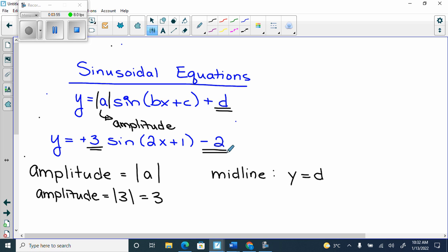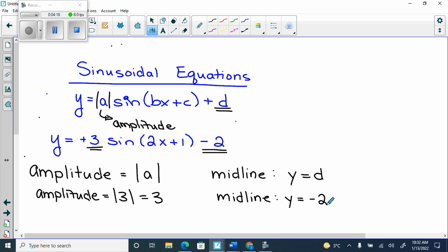So the midline for this equation is y equals negative 2. Now when you look on your calculator, does it look like y equals negative 2 would cut the graph in half, if you drew a horizontal line through it? So you can see that to verify.